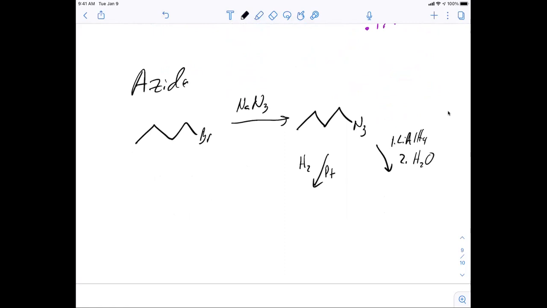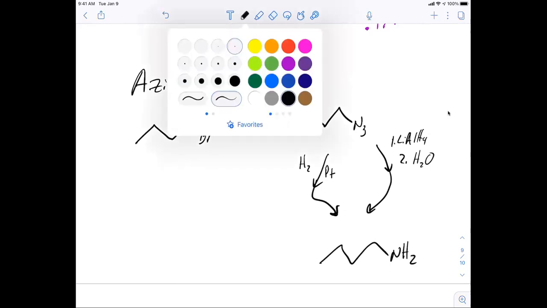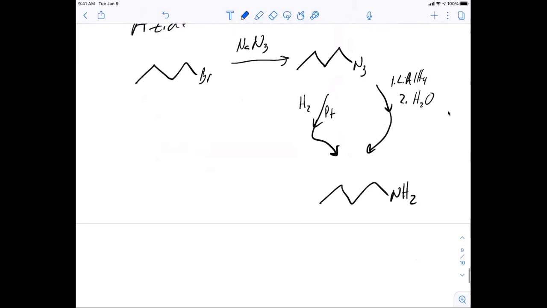I should have just done my arrows back. And this will only give primary amines. Okay, so I haven't added a carbon.